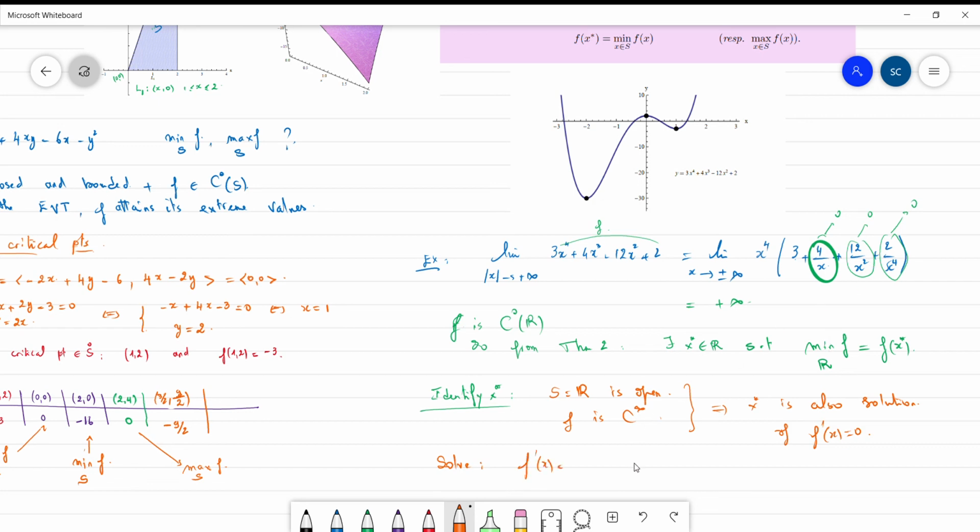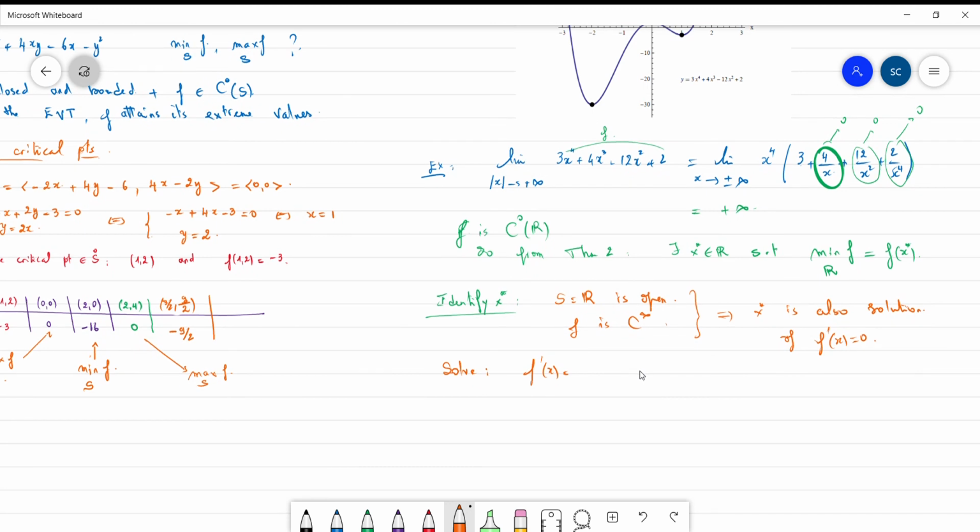The derivative is 12x^3 + 12x^2 - 24x. If we factor this expression, we get 12x times (x + 2) times (x - 1). So we have 3 critical points: it equals 0 if and only if x is either 0, -2, or 1.